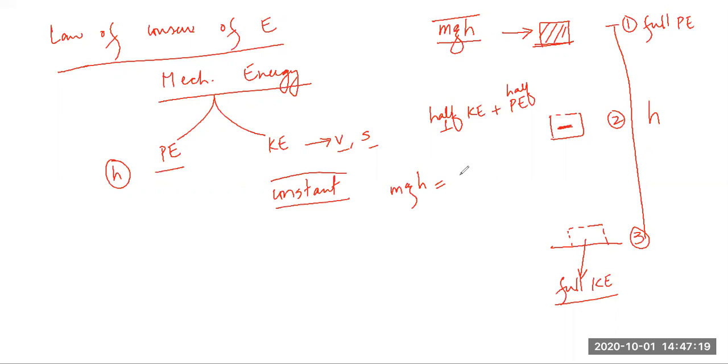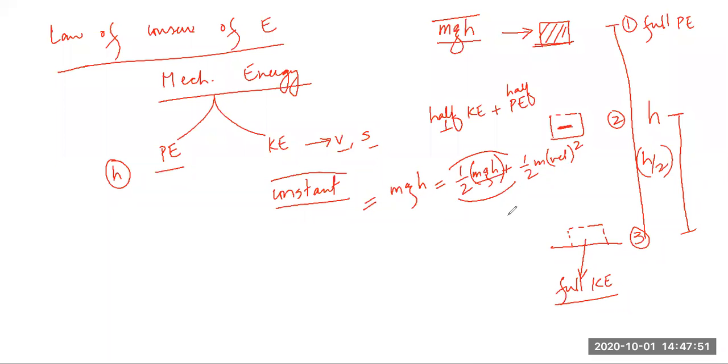At point 2, it is half mgh plus half m some velocity, we don't know what the velocity is, mv square. Why did I say half mgh? Because in this case, the h is h by 2. Don't think potential energy is half mgh; here potential energy is reduced by 50%. And here half mv square. This is also equal to mgh.